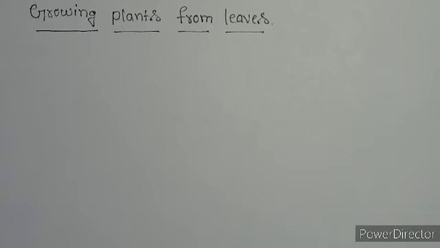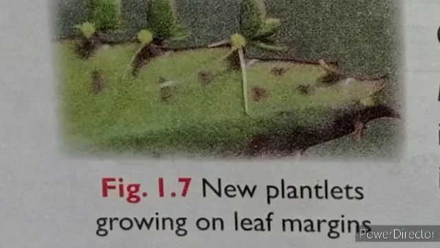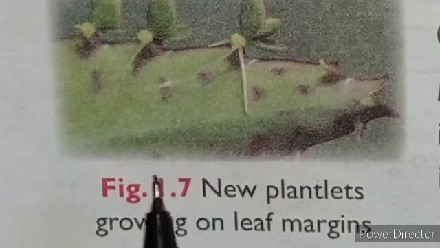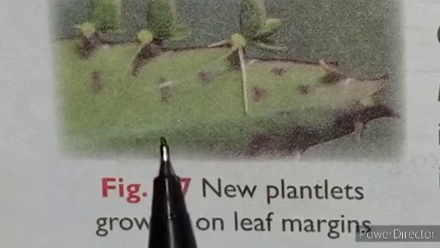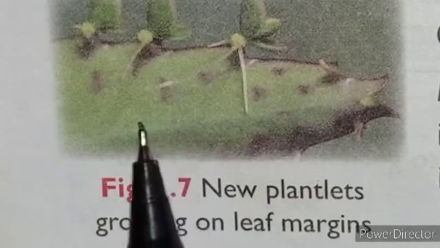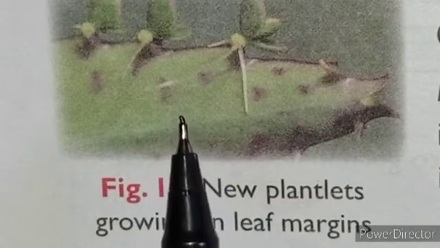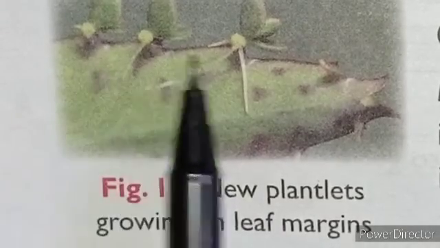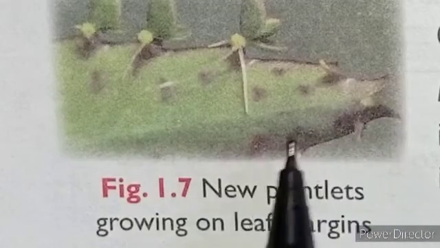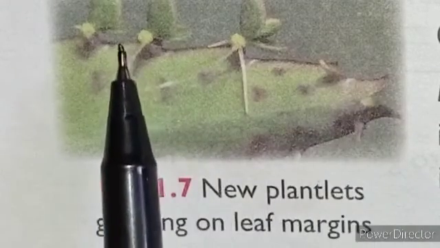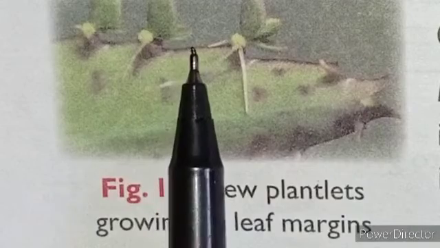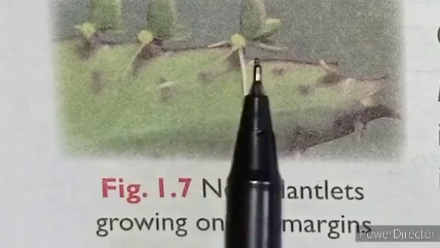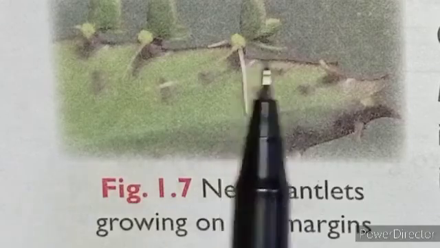Do you know how? For example, all of you see here, this is a Bryophyllum plant leaf. Bryophyllum plants produce new plants from the margins of their leaves. This is the margin of a Bryophyllum leaf. The tiny plantlets fall off on the ground and grow into an independent plant.